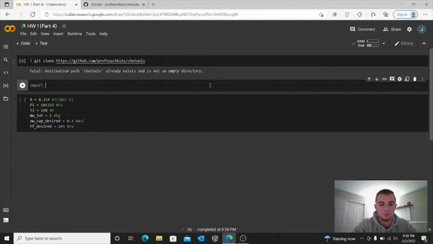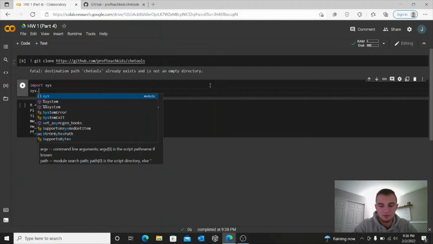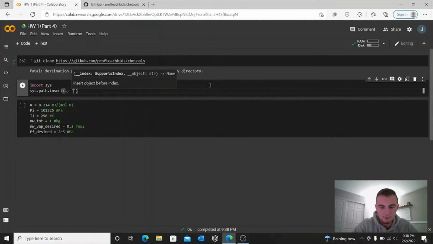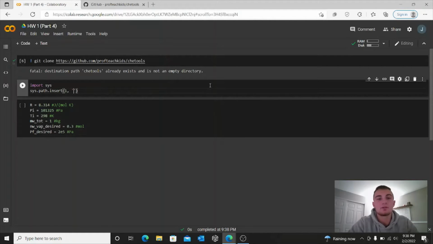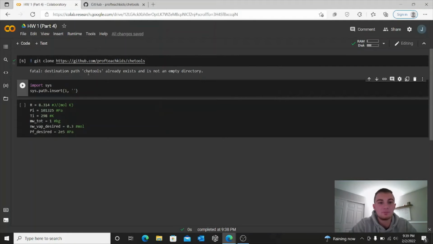So if we do import sys and do sys.path.insert, what we will need to enter here in these quotations is basically the path telling Python where to go to access this pre-written code. So it's under content, and it is called CHE tools.